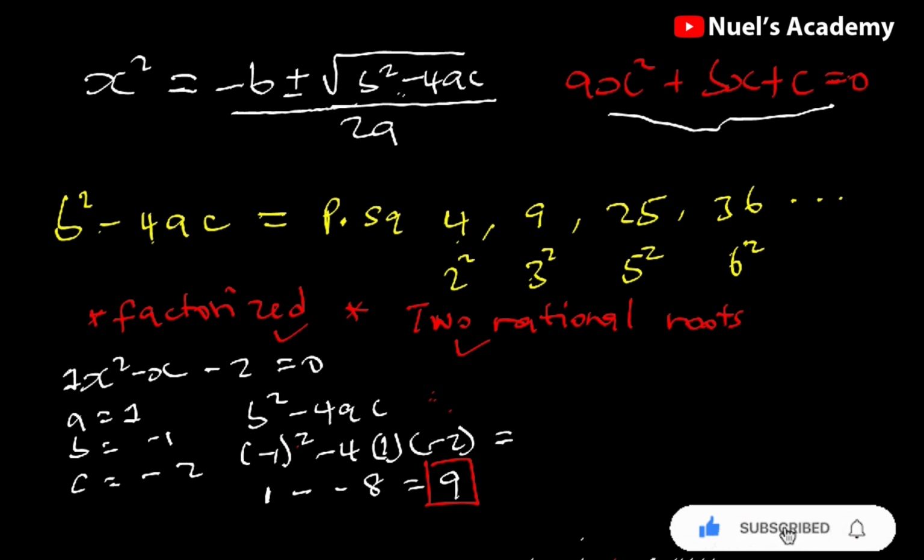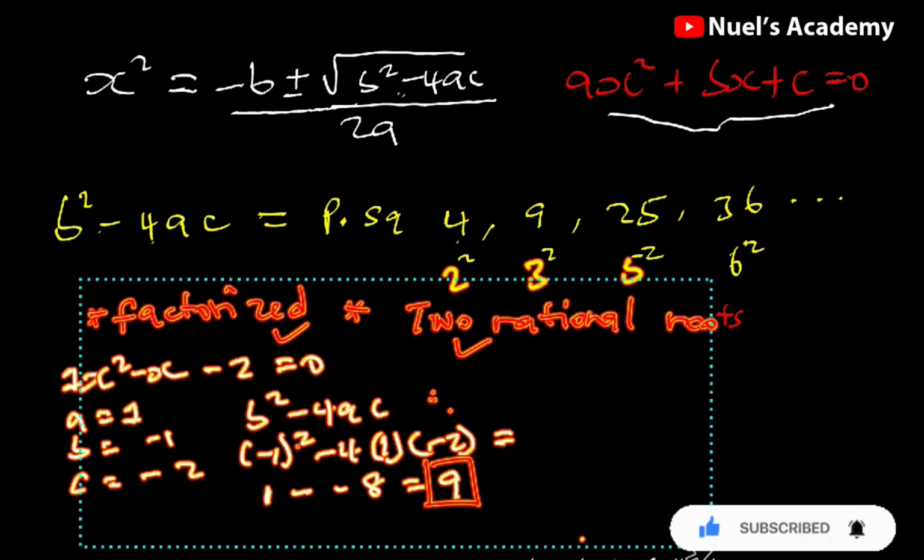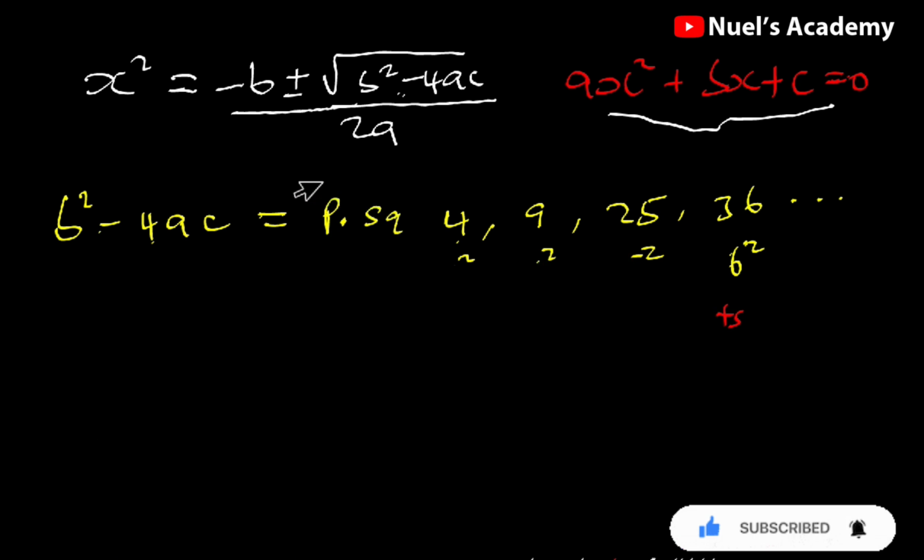Now, let's look at another case. Let me wipe the screen. Another case we'll be looking at is if this discriminant b squared minus 4ac is equal to 0.